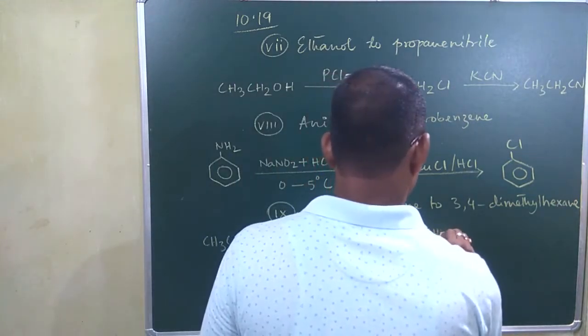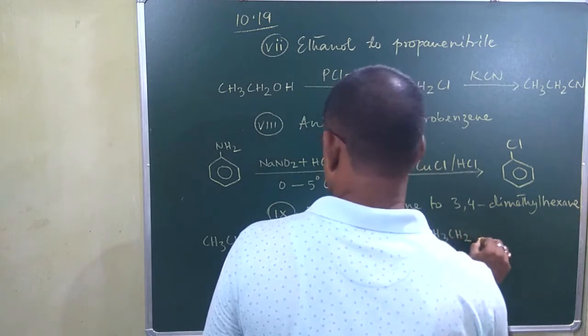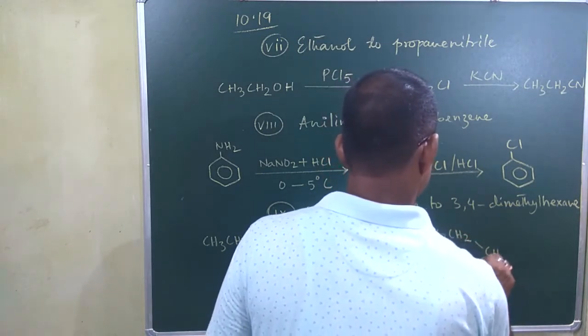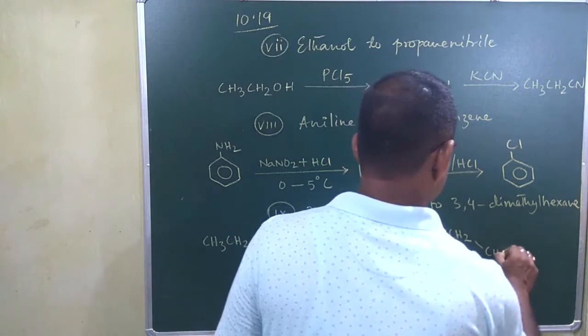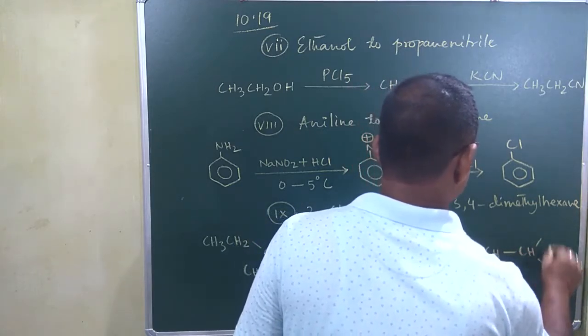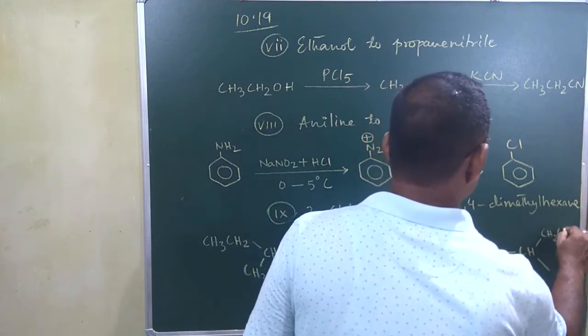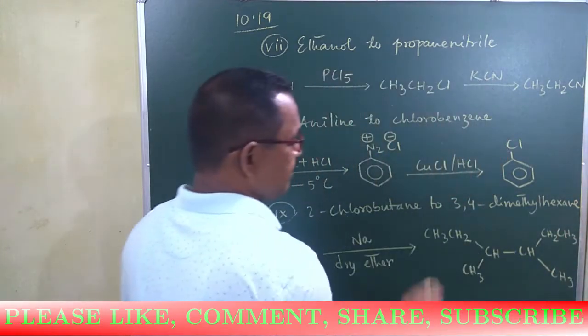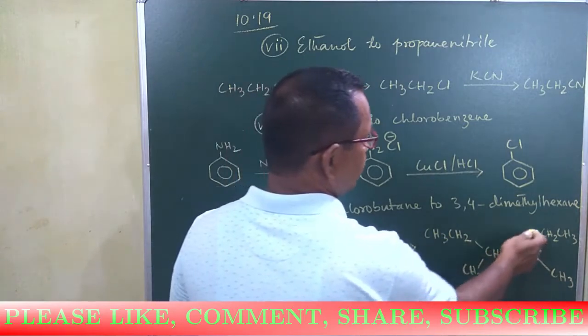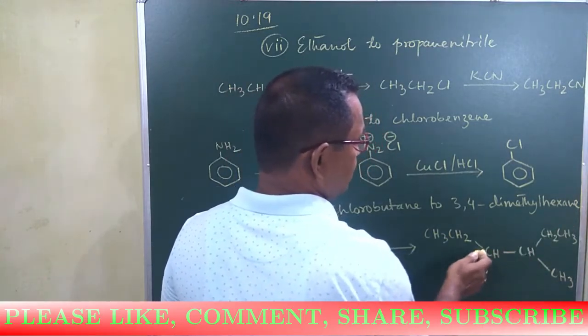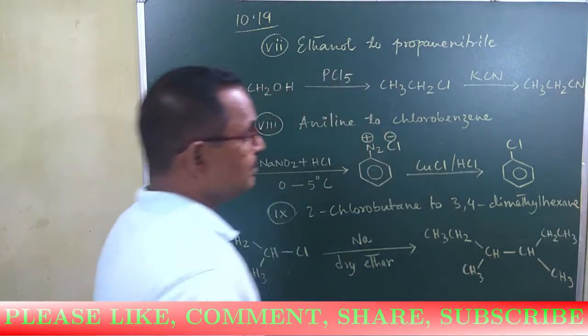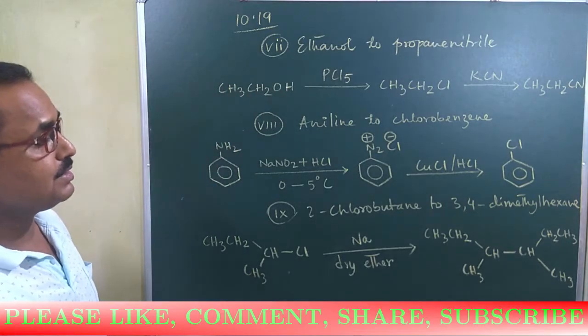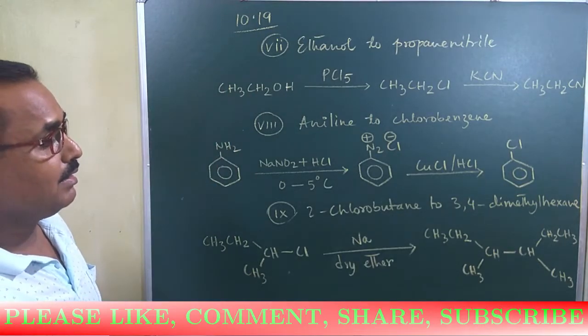We get CH3CH2CH(CH3)CH(CH3)CH2CH3. 1, 2, 3, 4, 5, 6. This is hexane. At position 3 and 4, there are two methyl groups. So this is 3,4-dimethylhexane.